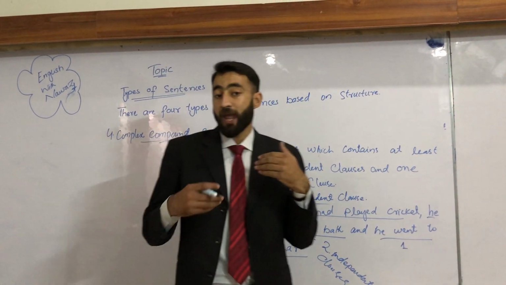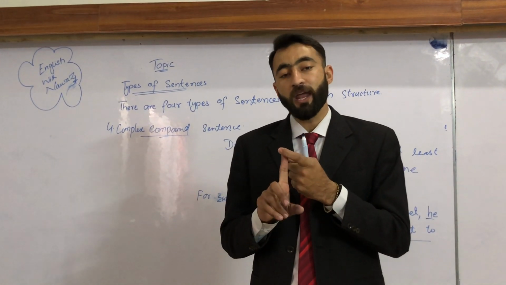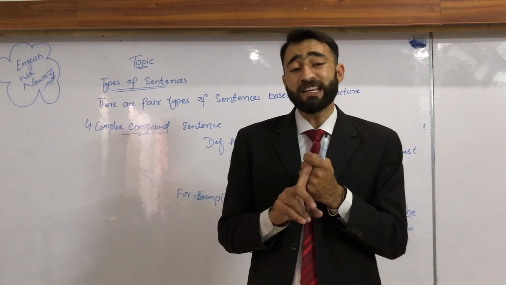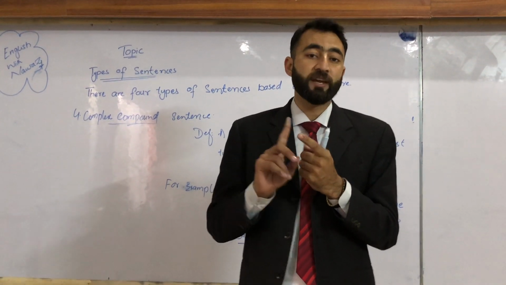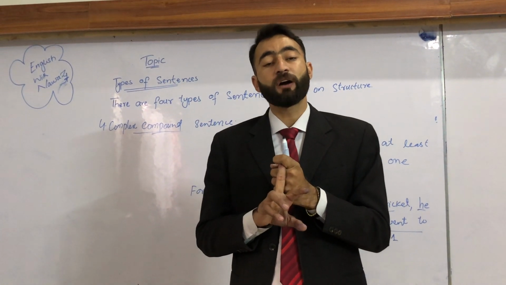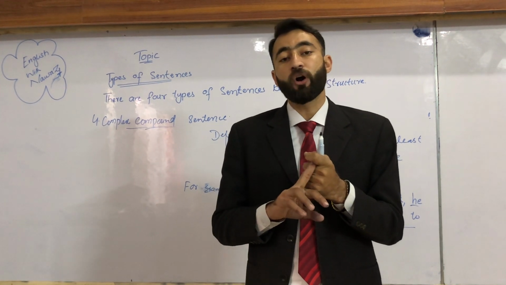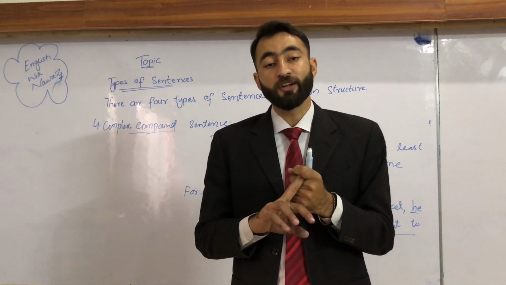Let me give you the last review. The simple sentence contains just one independent clause, or at least one independent clause must be there in a simple sentence. While a compound sentence consists of two independent clauses with the usage of a comma and a subordinate conjunction.